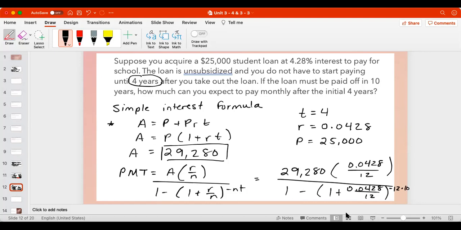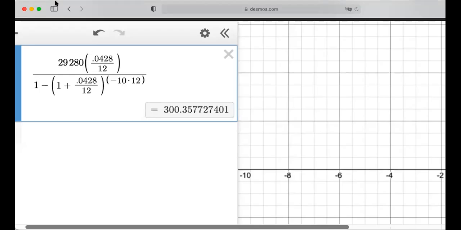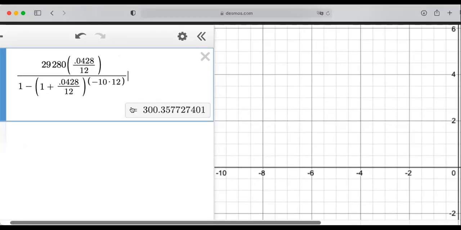So if you have that formula still in Desmos.com, don't delete it, just change some of the numbers. I'm going to switch over. You can pause the video if you need to write this down. And I'm going to put all of that into Desmos. Okay, and this is what I obtained.